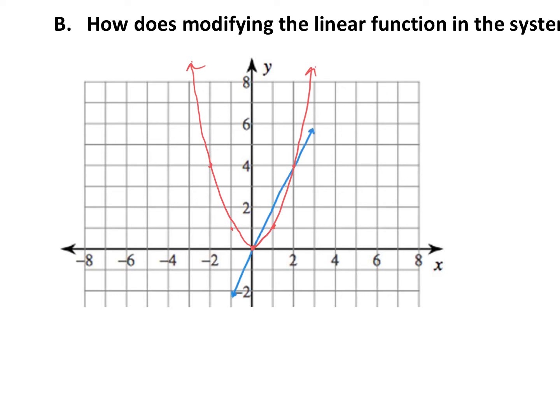So what they're asking us is if we take that linear equation, y equals 2x, and we change the y-intercept, how does that change our number of solutions? Right now, we have two solutions because our line is intersecting the parabola in two spots. If we move that line around, we can see that the number of solutions will change, or it could stay the same. So if I move the line up, anywhere I move this line, it's still going to cross the parabola in two spots.